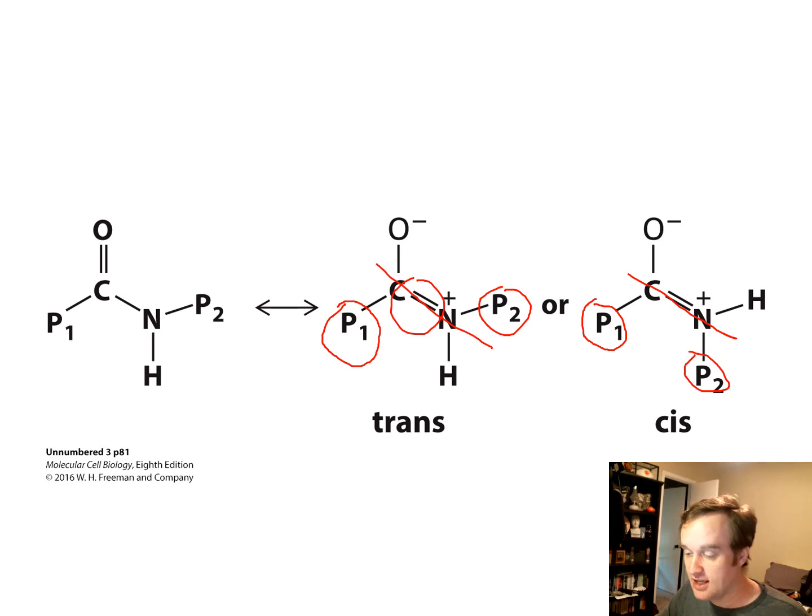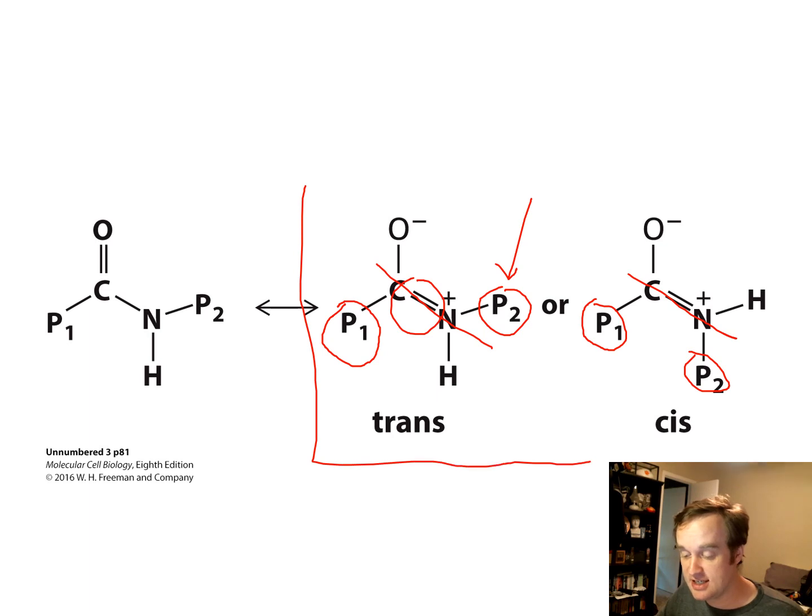In nature, 99% of the peptide bonds that have residues other than proline, so anything other than proline at this P2 bond, are in the trans conformation. So as long as there's not a proline at P2, we see this conformation.